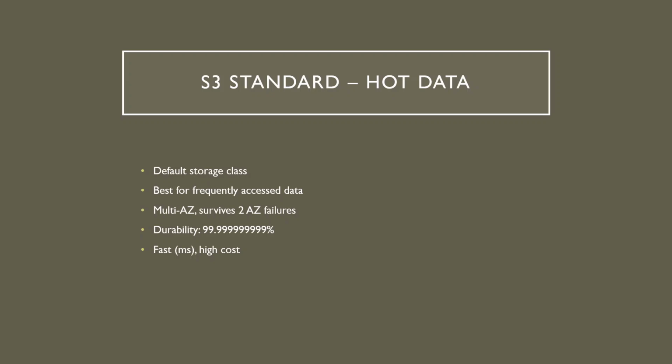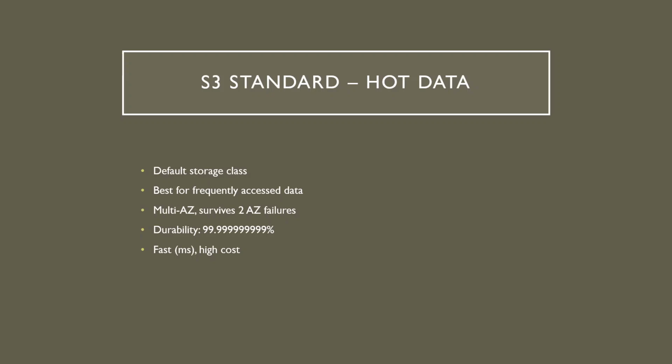The key highlight here is it is stored across three availability zones, survives two availability zone failures, has super fast millisecond access, and is the most durable tier. Its cost is higher than other classes, but it gives the best performance. Once again, it is the default. If you don't specify anything, your object goes here.